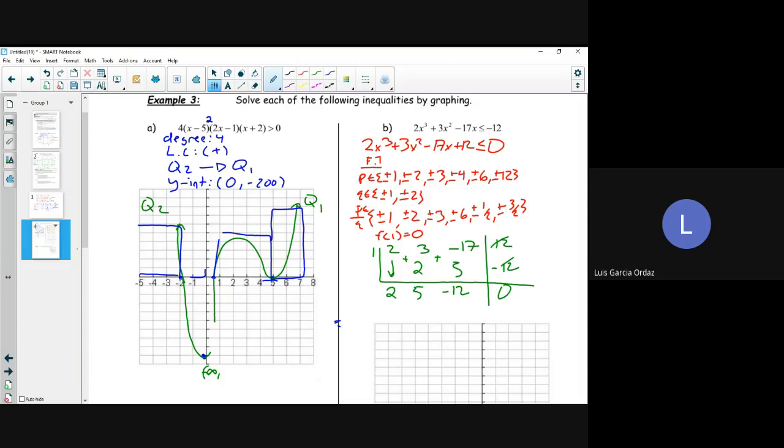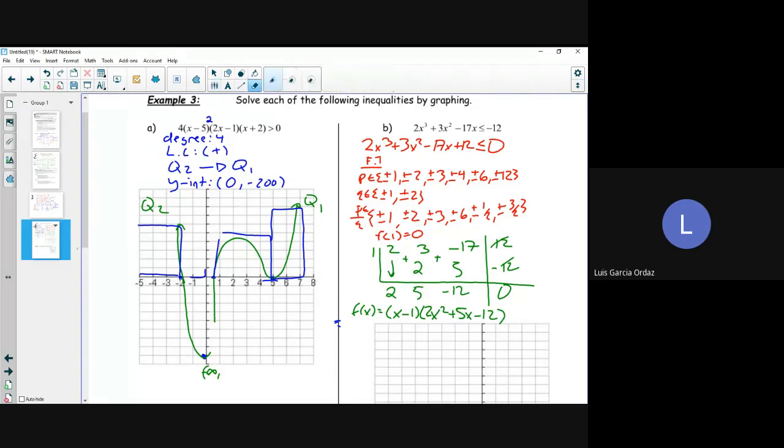So now what we're left with is f of x is equal to x minus 1 times 2x squared plus 5x minus 12. So how are we going to factor out that trinomial? We're going to use sum and product.